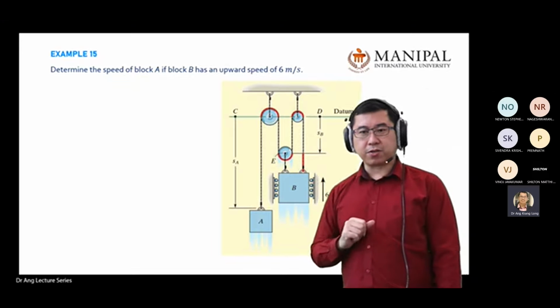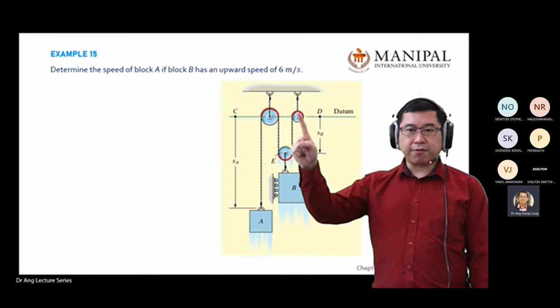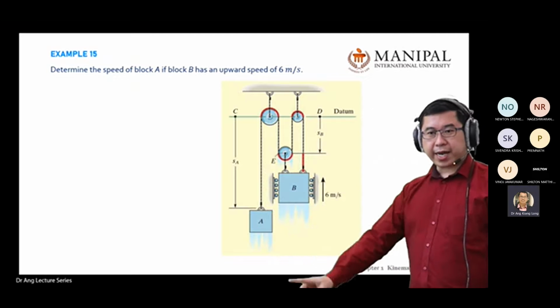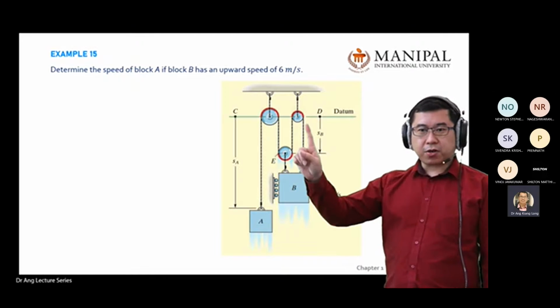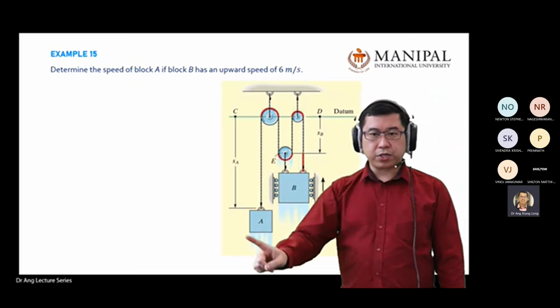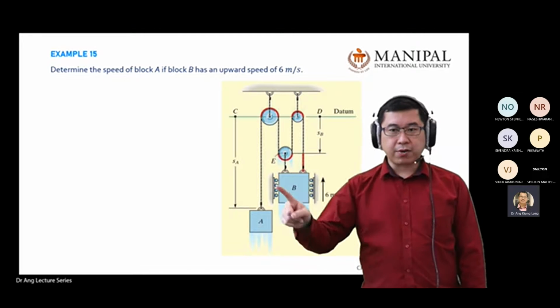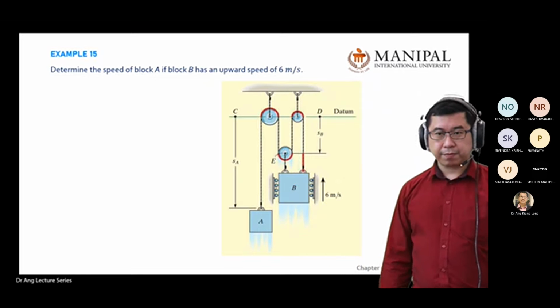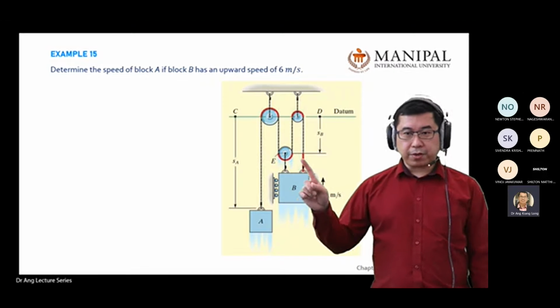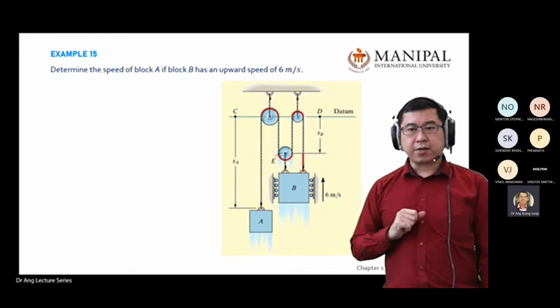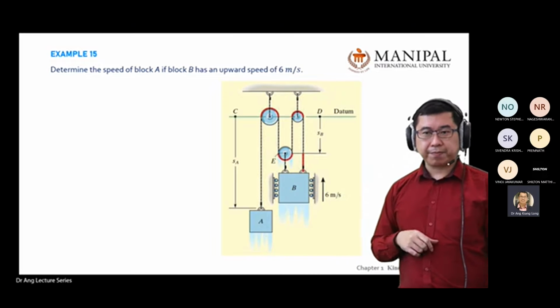What is constant is the length of this line. Are you able to find the total length of this chord line by looking at this diagram?